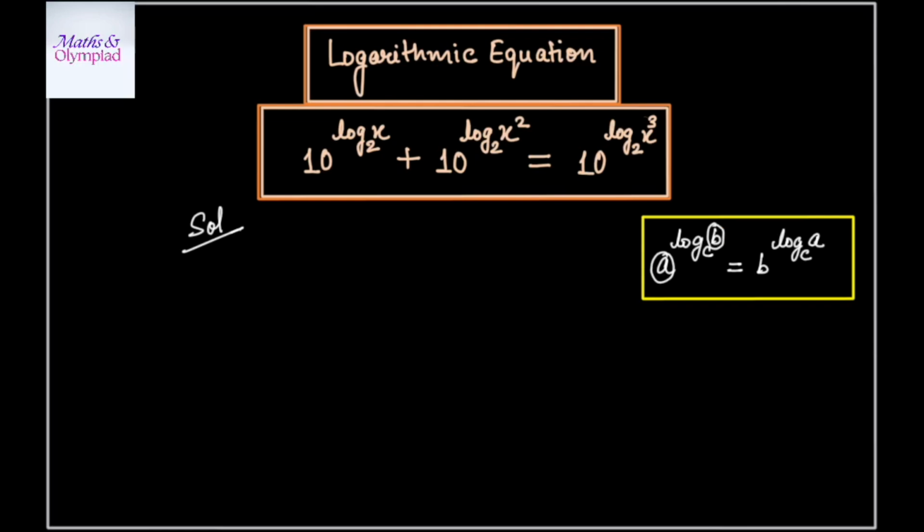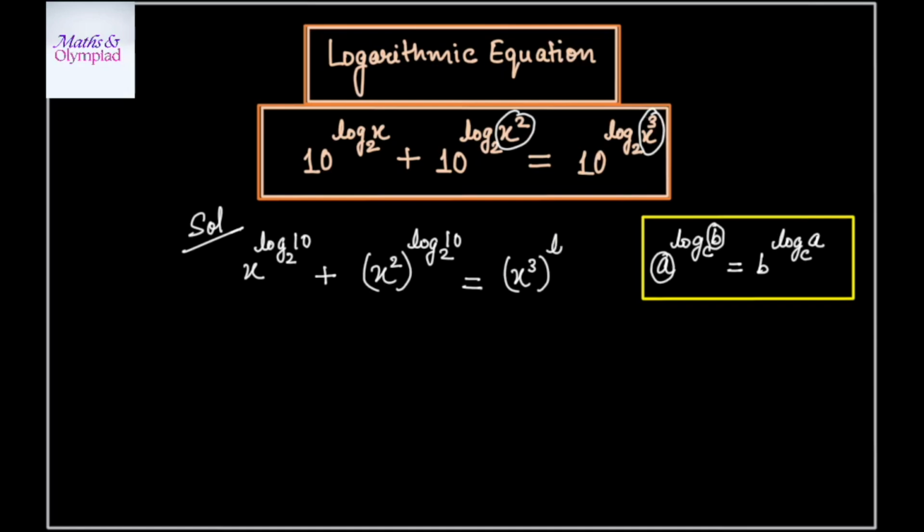By applying this law here, we can write x raised to the power log 10 to base 2 plus x square raised to the power log 10 to base 2 equal to x cube raised to the power log 10 to base 2.